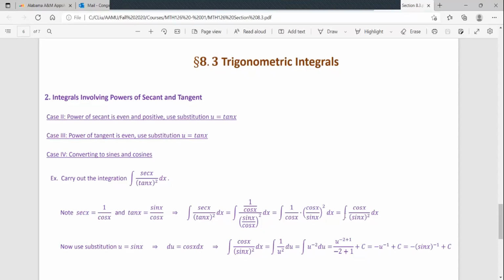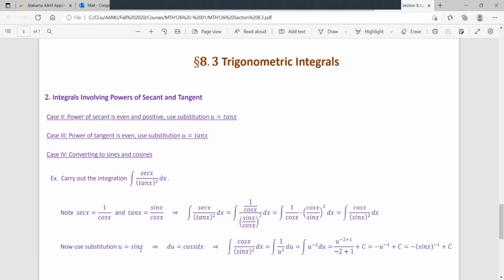And then you get sine x squared at the bottom. So if you use the rules we just did for the first category, when the power of cosine is odd and positive, you use the substitution u equal to sine x. Okay.